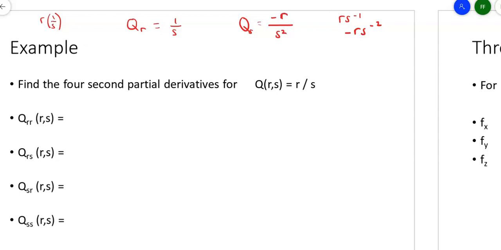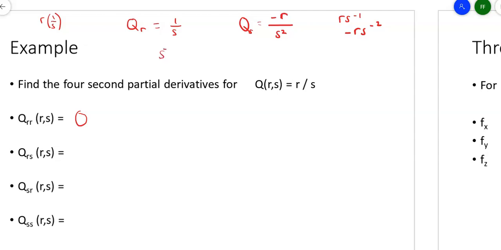Right, this first one, Q_RR, says derive the first expression that we have, Q with respect to R, again. Well, now if I derive this with respect to R, I just get 0. Because if I'm treating S as a constant, if I derive a constant, I get 0. That problem's done.